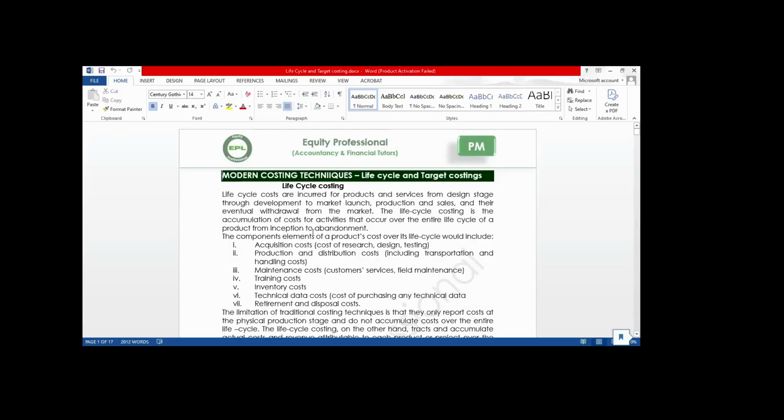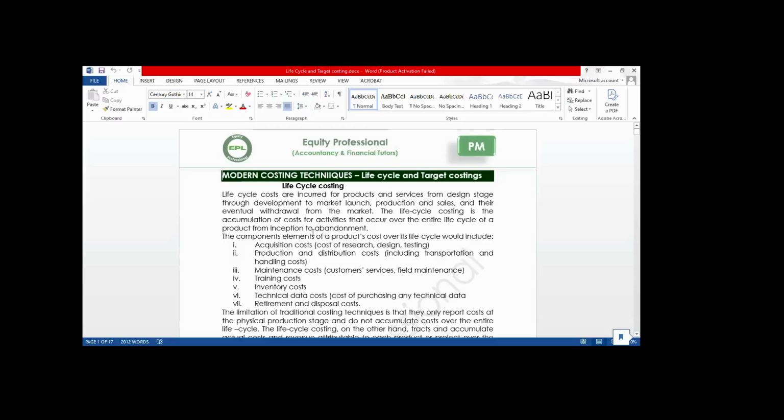For this reason, the traditional costing systems are not sufficient, are not adequate to address the costing under the modern manufacturing environment.